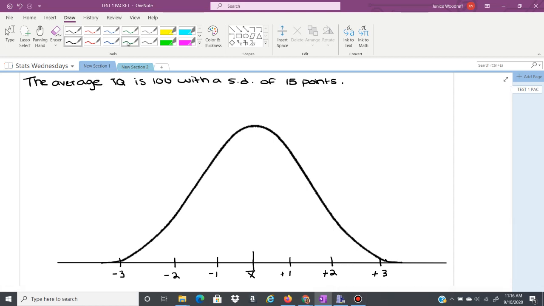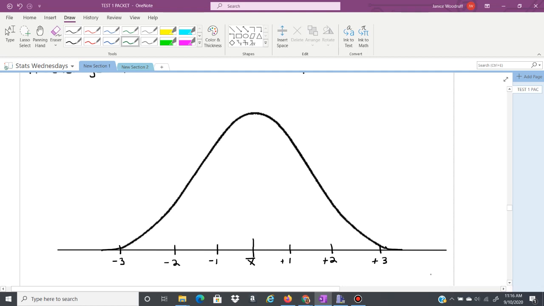If I fill that in with this data, my X bar is 100, my average IQ. One standard deviation above the mean, I would add 15, so that would be 115. One standard deviation below the mean, I would subtract 15, that would be 85.